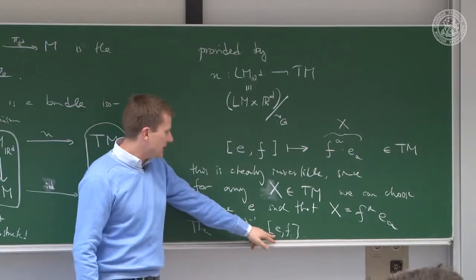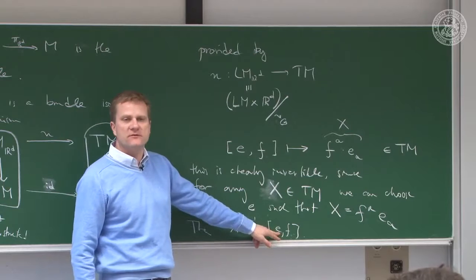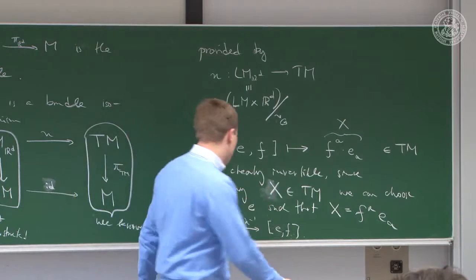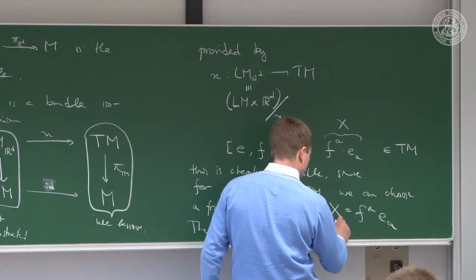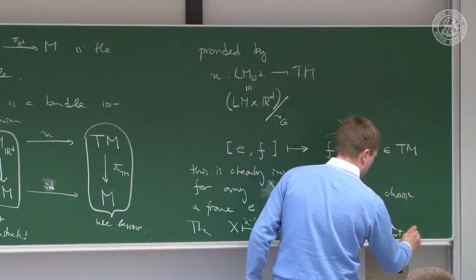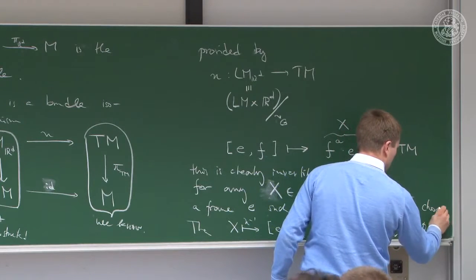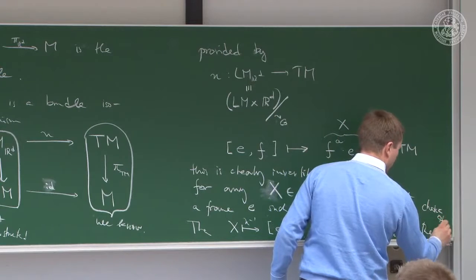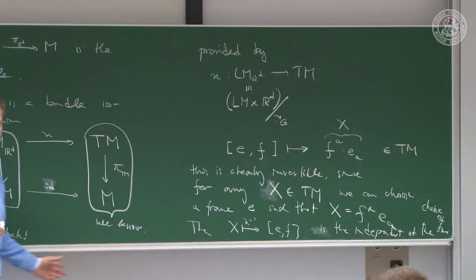That means this map is indeed independent. The result is independent of the choice of frame. Okay. This map is then independent of the choice of frame. And that provides the inverse map Julian was asking for.